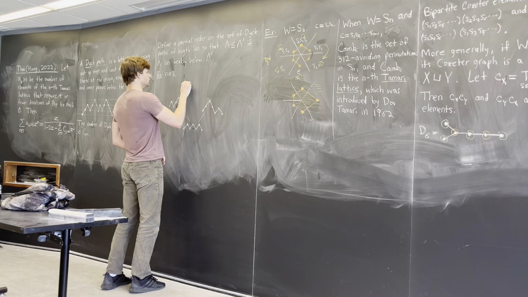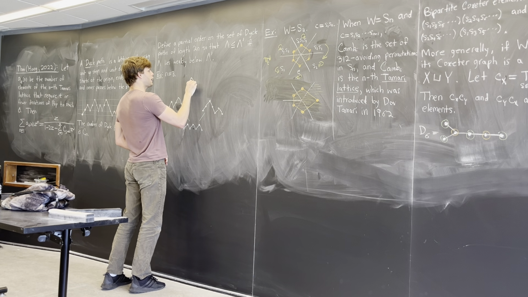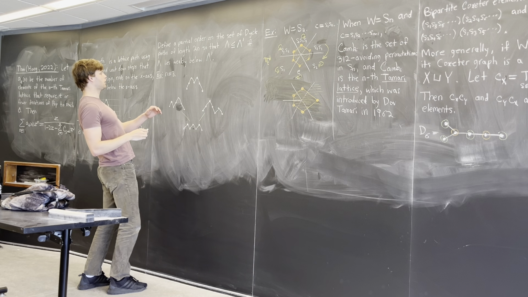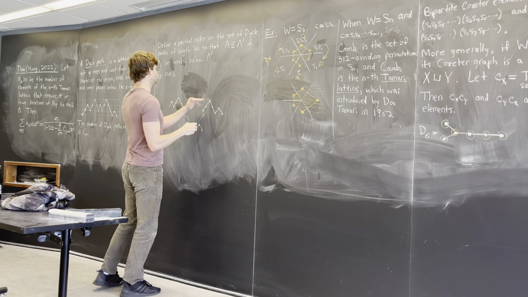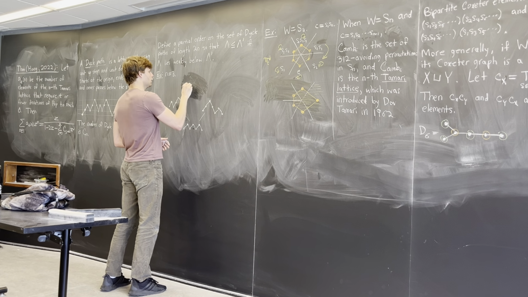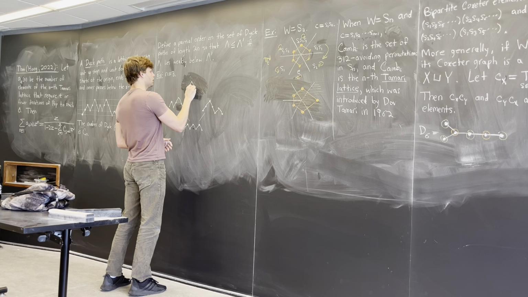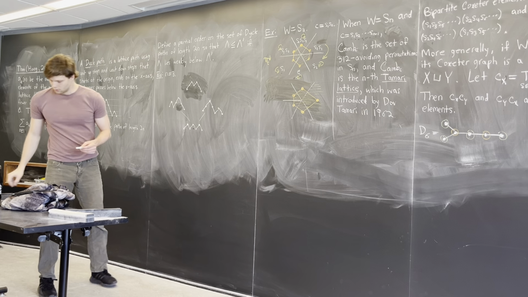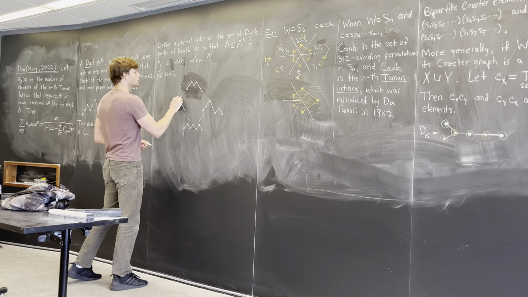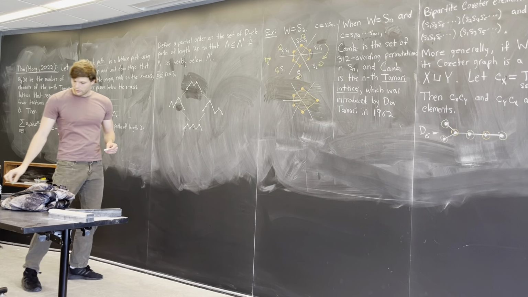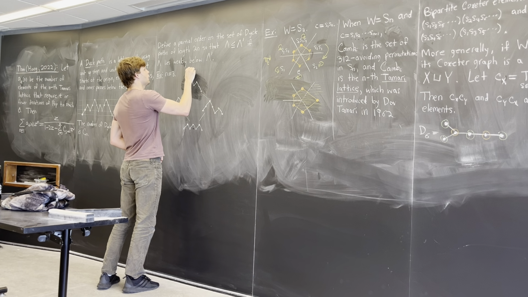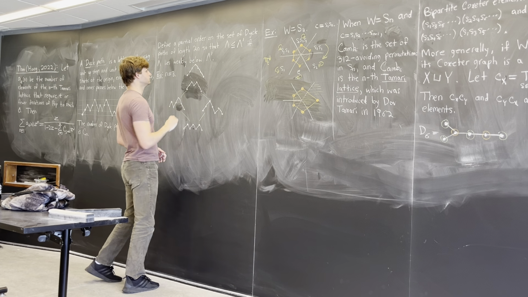Here I'll do up, up, down, up, down, down. Oh, I didn't leave myself very much room. Let me make this smaller. Up, up, down, up, down, down. And then finally at the top, there's just up, up, up, down, down, down.